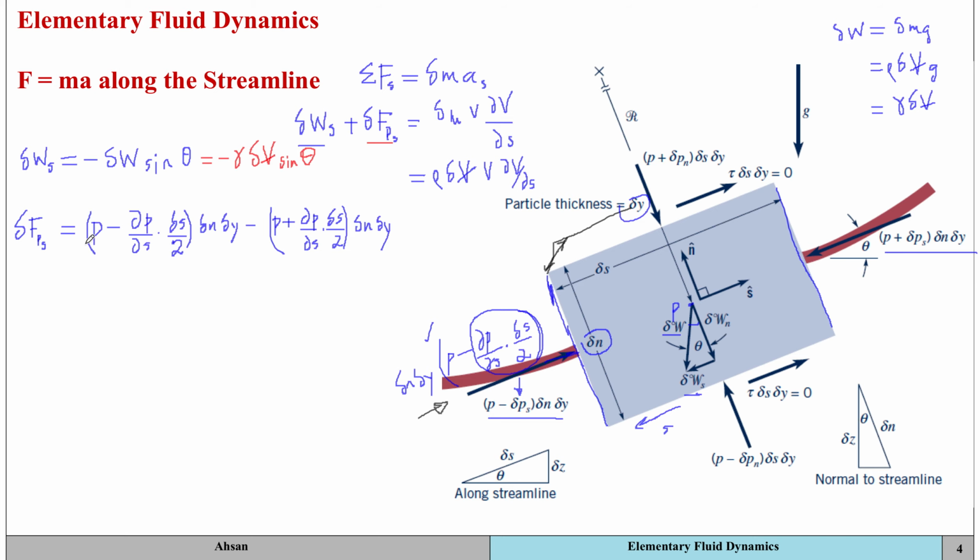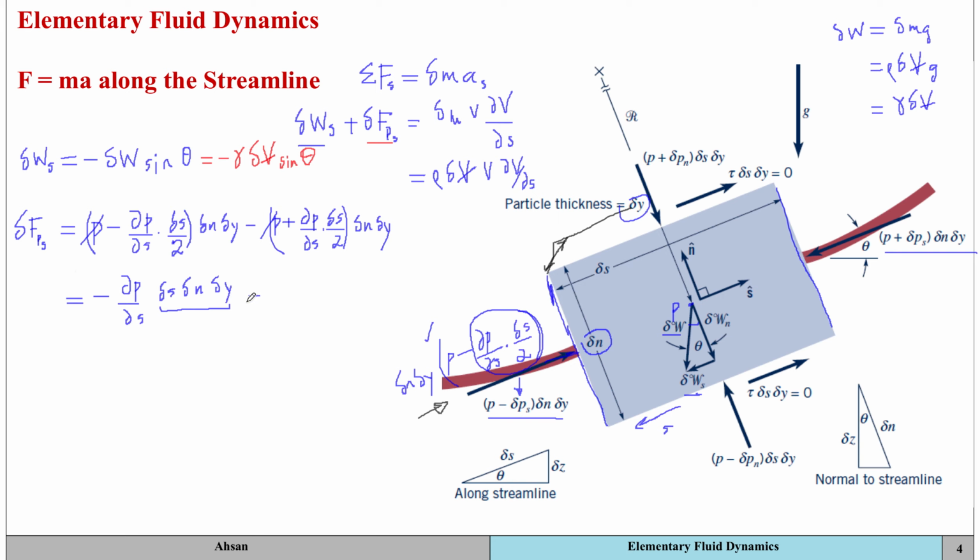And now I can simplify this because this term is going to cancel out with this term, and I'm going to be left with this term now, which is minus partial P by partial S multiplied by delta S, delta N, delta Y. And this delta S, delta N, delta Y is the volume of this fluid element.